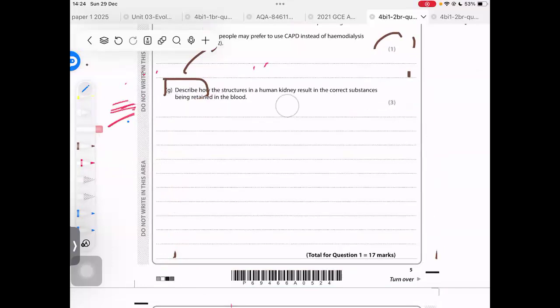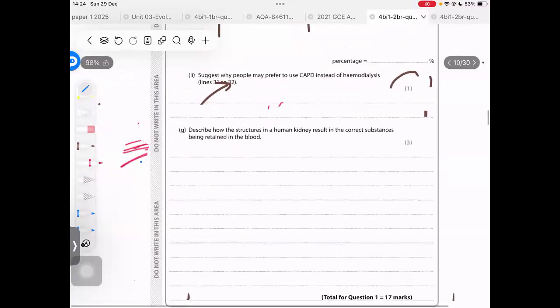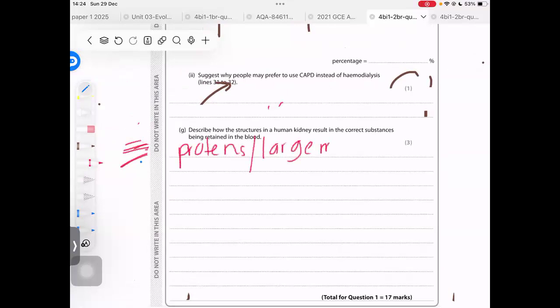Okay. So what is the first thing you can say? Proteins, or else you can say large molecules, they are not leaving the glomerulus, right? Or in brackets, if you want to write, you can write red blood cells, white blood cells, platelets, proteins. You can write all these things, right? So they won't leave the glomerulus.